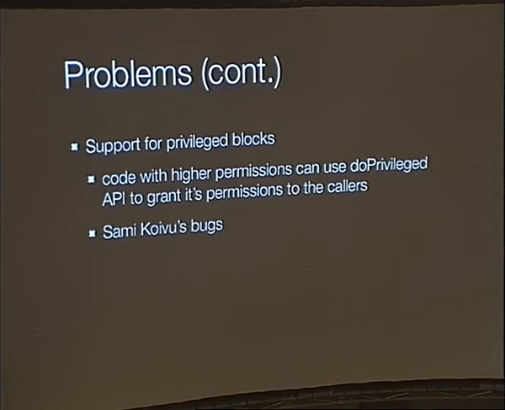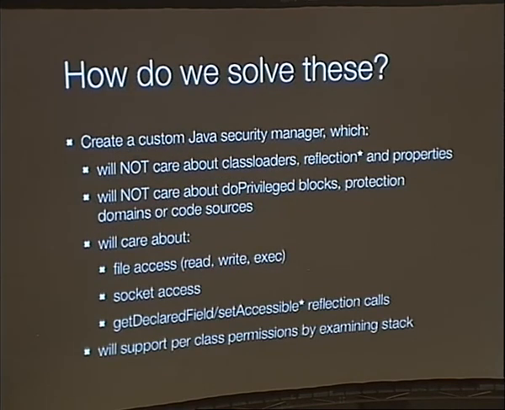Well, to solve all of this problem, what we can do in Java, as usual, we can extend the Security Manager class and create our own class, which will do things that we care about. So what are some of the things we don't care about? We don't care about class loaders. We don't care if your application is creating a custom class loader, because it's your application, it's your code.